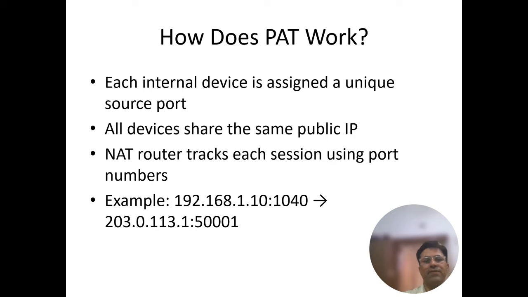How does PAT work? Each internal device is assigned a unique source port number. All devices share the same public IP. NAT tracks each session using port numbers. This is our private IP address with a port number, unique for each device, and this is our public IP, and this is a port number.